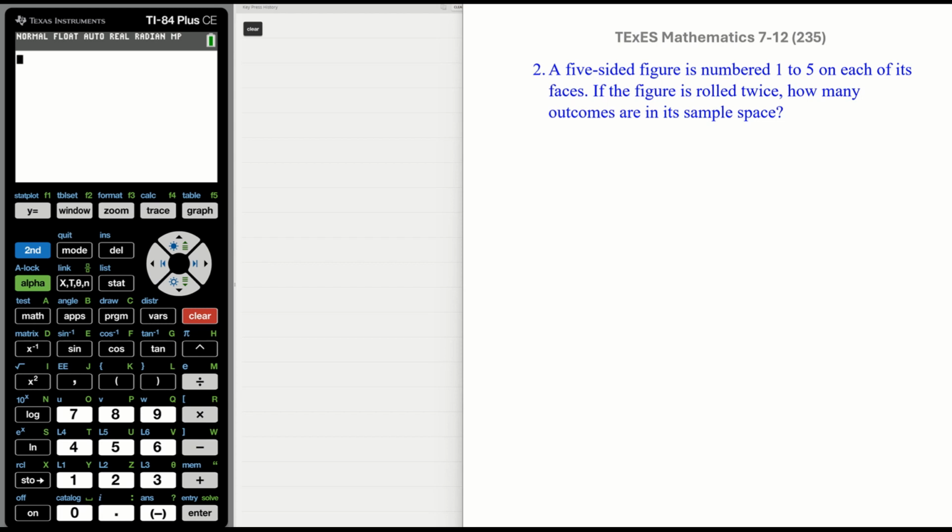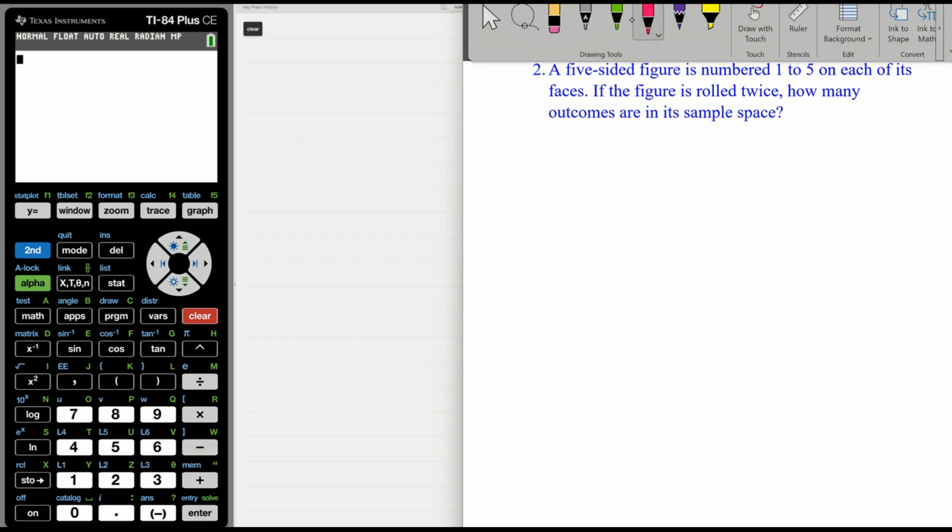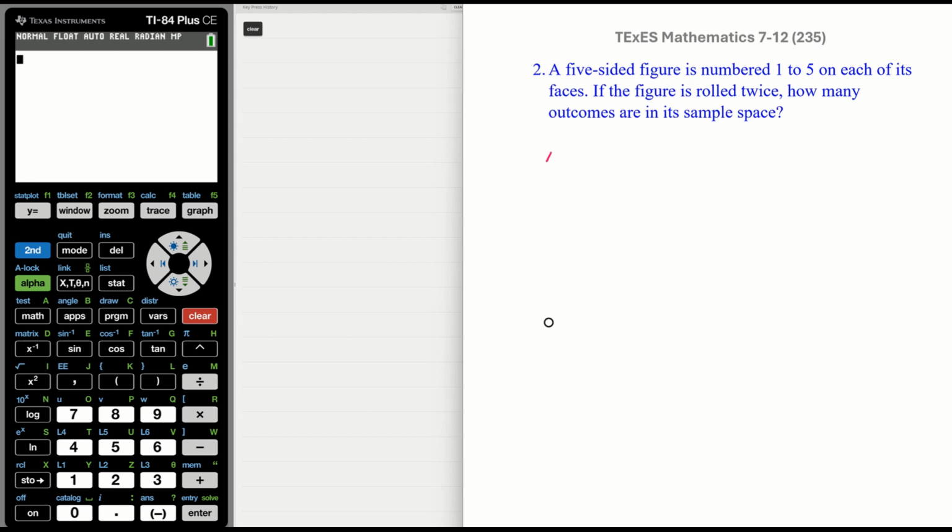So for each roll, we have 5 outcomes. So there's the first roll. Here's the second roll. We will multiply in this situation. So 5 times 5 is 25.